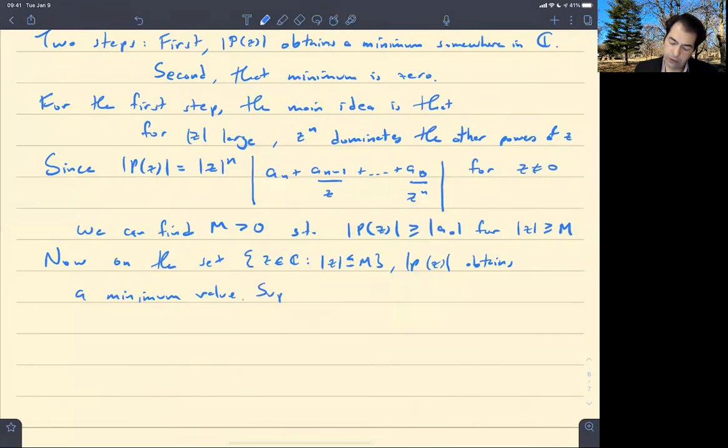So let's suppose that the modulus of p of z naught, some point z naught, is less than or equal to the modulus of p of z for all mod z less than or equal to M.